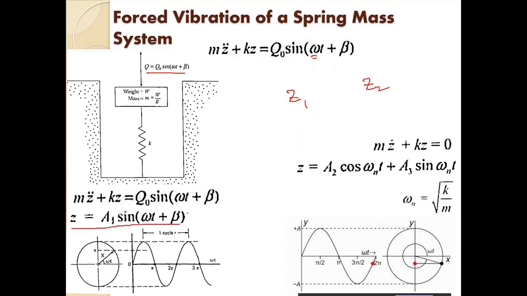Whereas the natural system will vibrate at its natural frequency. So the total motion that we will have is z equal to z1 plus z2. Obviously it will be in phasor notation, that you have to keep in mind. So these two motions will superimpose.